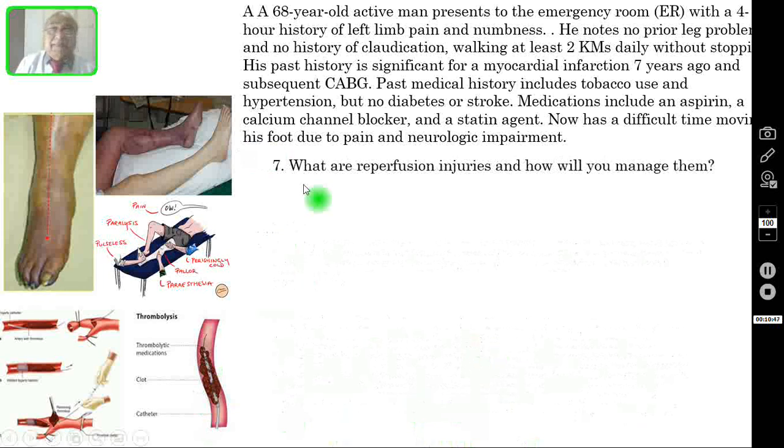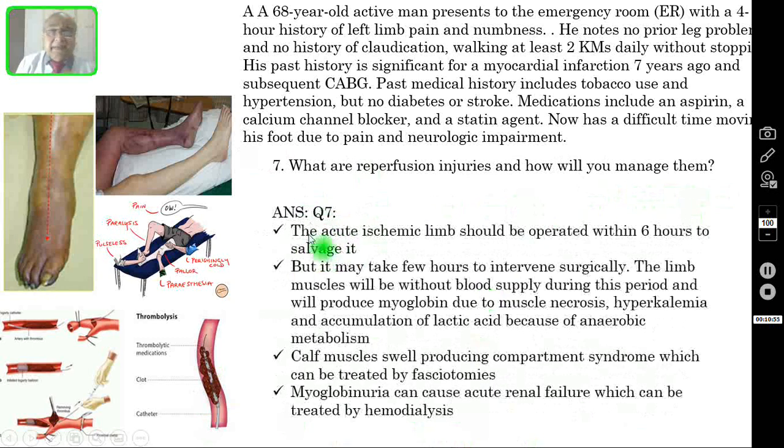So question number 7, what are reperfusion injuries and how will you manage them? The correct answer is, the acute ischemic limb should be operated within 6 hours to salvage the limb. Otherwise, if you delay the surgery beyond 6 hours, invariably we cannot salvage the limb.